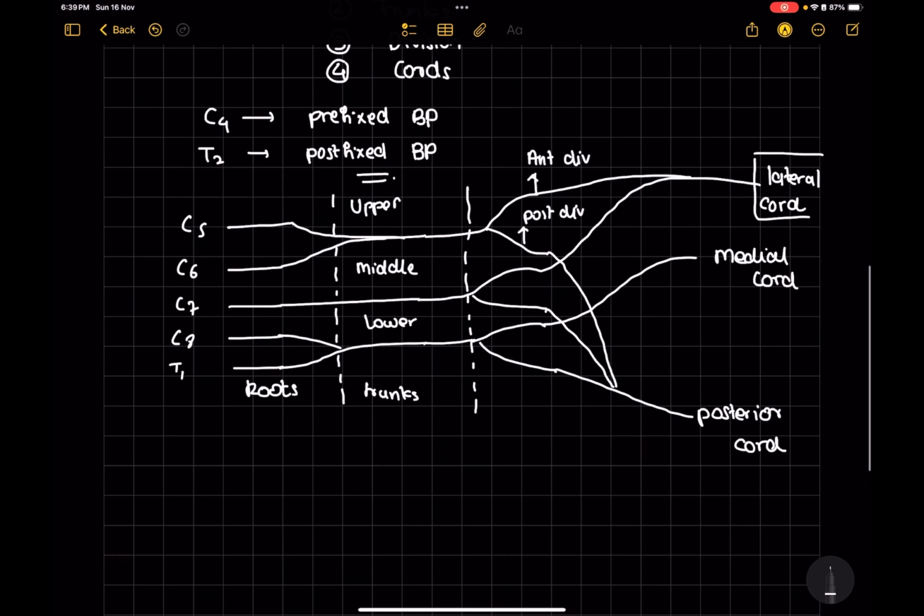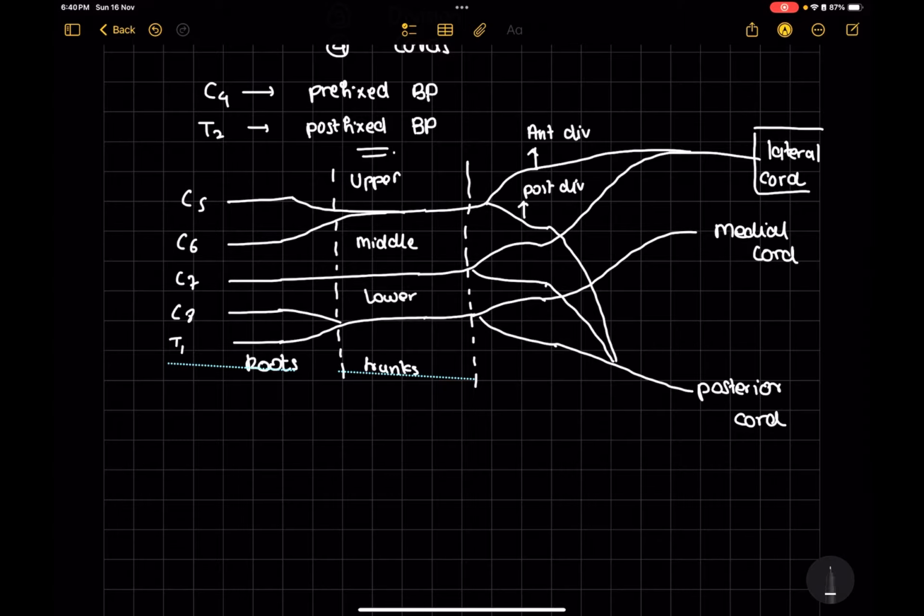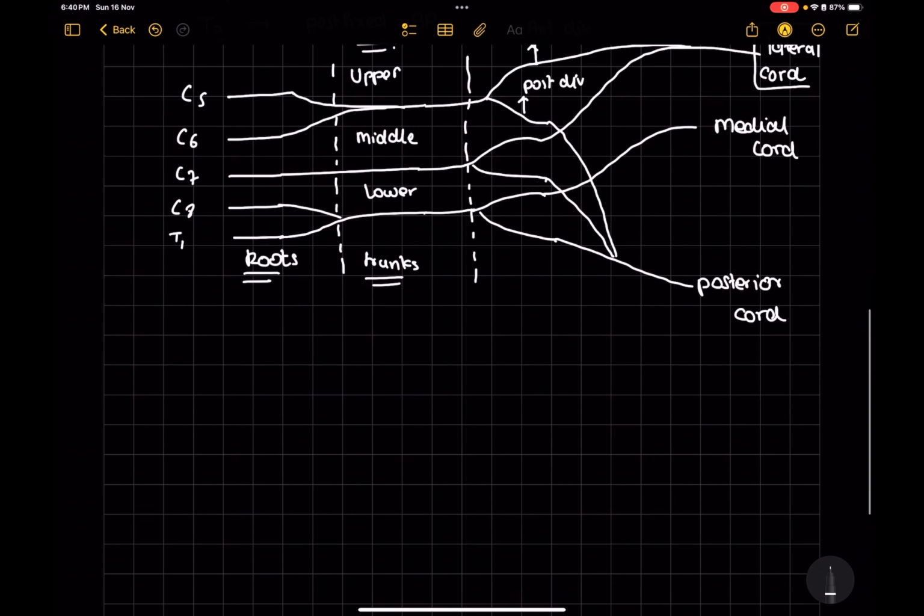Okay, you have to understand that nerves not only arise from these cords, the lateral cord, medial cord and the posterior cord, but they also do arise from the roots, they also do arise from the trunk, but no nerves arise from the divisions. Okay, so you can say that no nerves arise from the division.